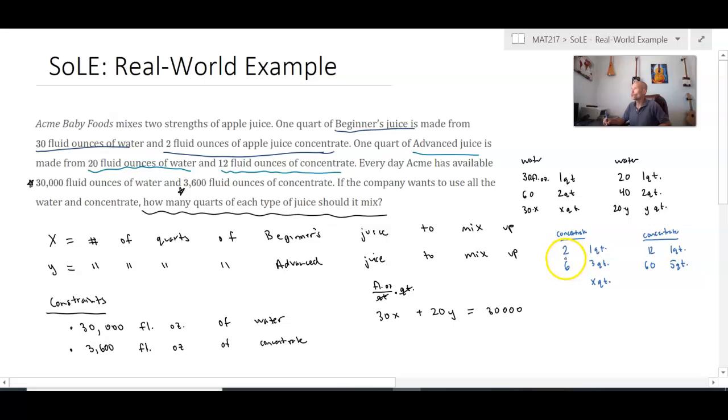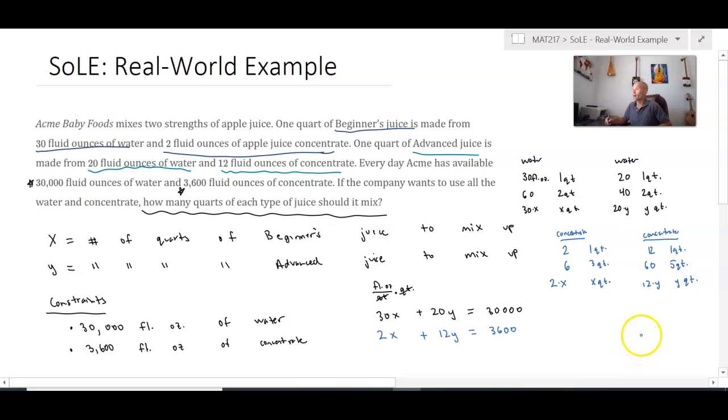Well, we need 2 fluid ounces for every quart, so 2 times X fluid ounces of concentrate would be required, and over here, 12 times Y would be required to produce Y quarts of the advanced juice. Summing those together, the fluid ounces of concentrate plus fluid ounces of concentrate has to equal how much we want to use up, which is the 3,600.